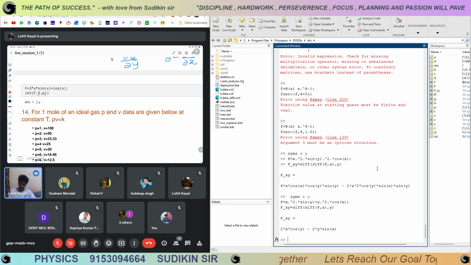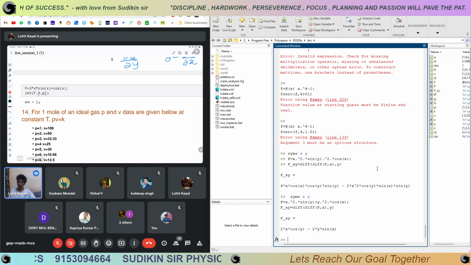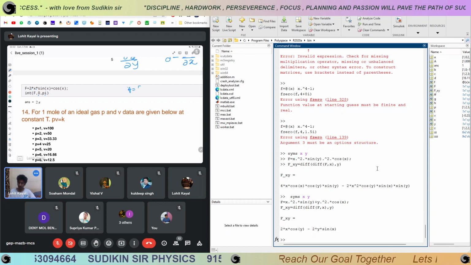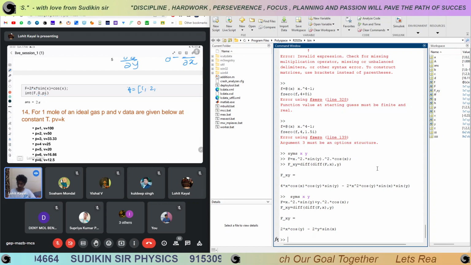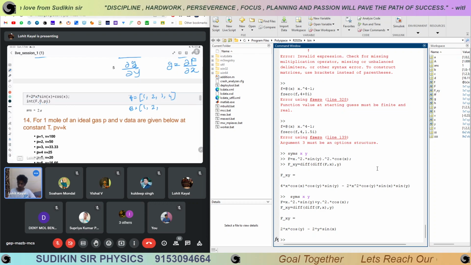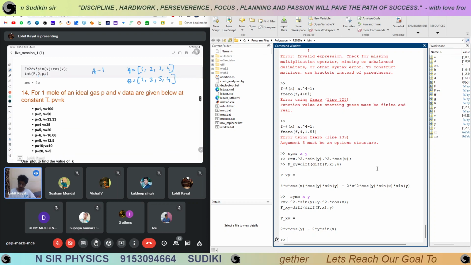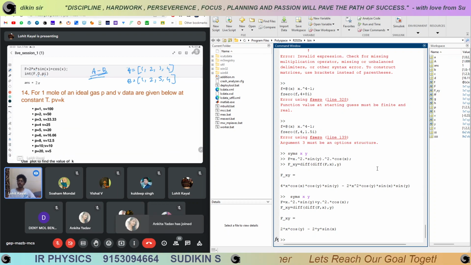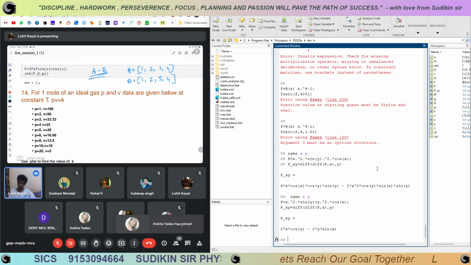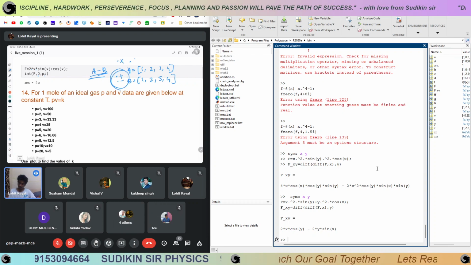And remember that you don't have to put dot plus or dot minus, because if you have a row vector, suppose 1 comma 2 comma 3 comma 4, and another vector 1 2 5 comma 4, and if you do a minus b, then by definition it will do term by term subtraction. So then it will not be a problem. So you don't have to put dot plus or dot minus, but put dot star or dot divided by.